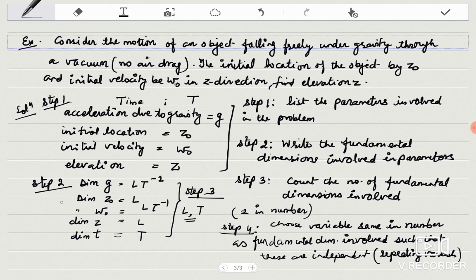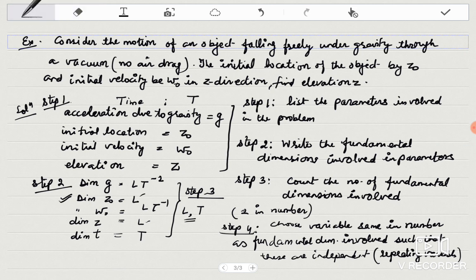For example, this dimension z0 and this dimension z, these two are related to the geometry, so these are the geometrical variables. But because its dimension is also L and its dimension is also L, I have to choose any one of these. So it is my choice which one I choose. Suppose I choose this one as the repeating variable.